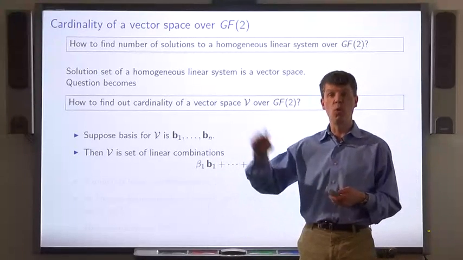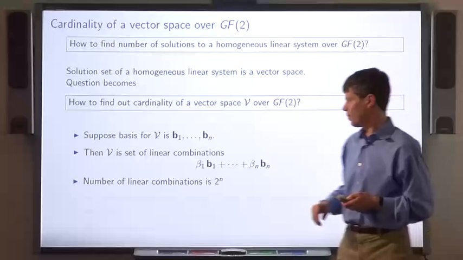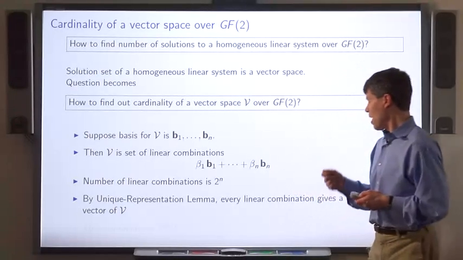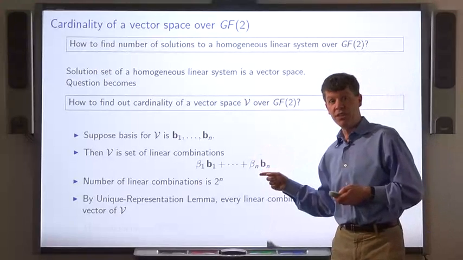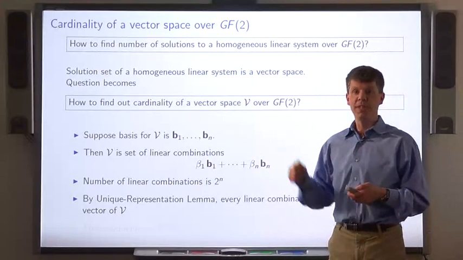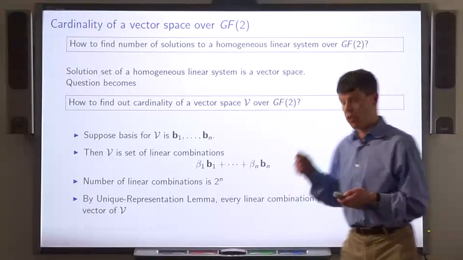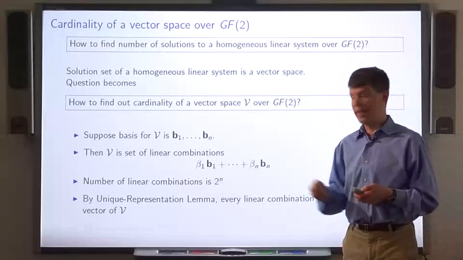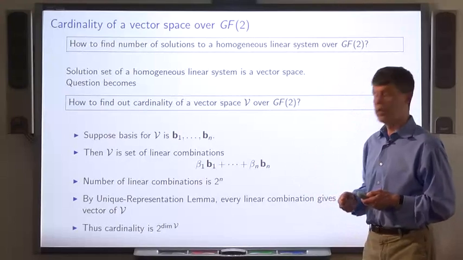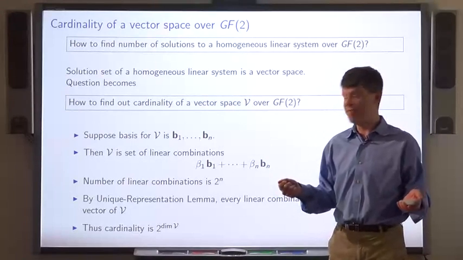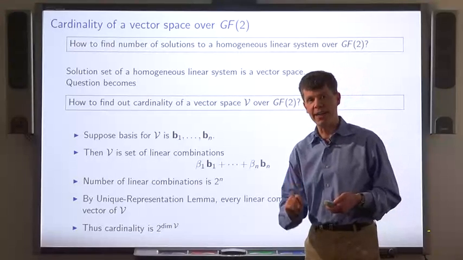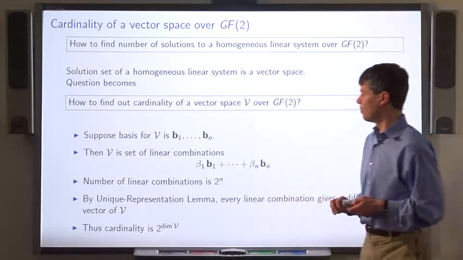Each one can be 0 or 1. And by the unique representation lemma, every linear combination gives a different vector in the vector space. So the number of vectors in the vector space is also 2 to the n. So this shows that the cardinality of a vector space V is 2 to the power of the dimension of V.